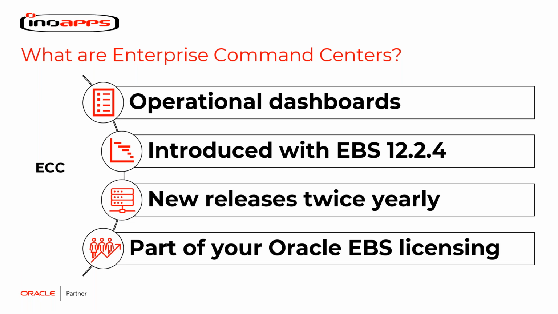It uses role-based access control, or RBAC, for building out some of that security during the setups, as well as with the responsibilities. So as of version 10 that's out right now, there are about 35 command centers available, comprised of 145 dashboards, and that runs the gamut across finance, supply chain, projects, CRM, HCM, and the like.